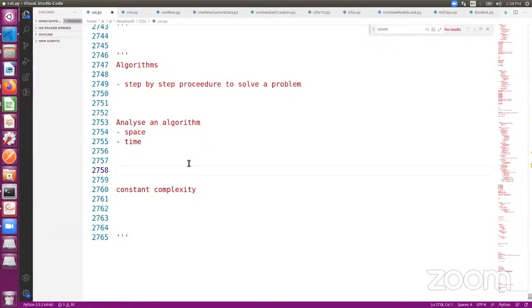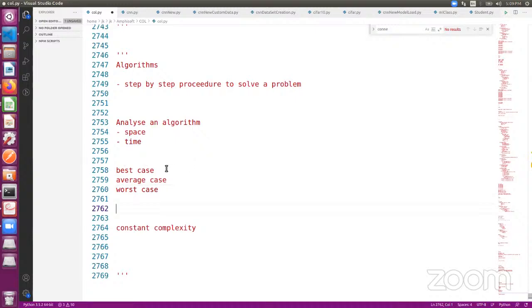There are three different cases: one is the best case, average case, and then worst case. You should know what the best case, the average case, and the worst case are. Let us take a simple example.